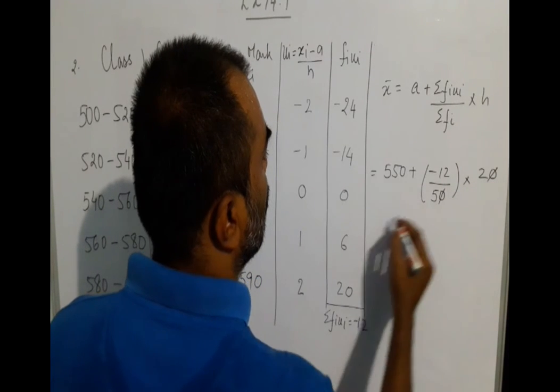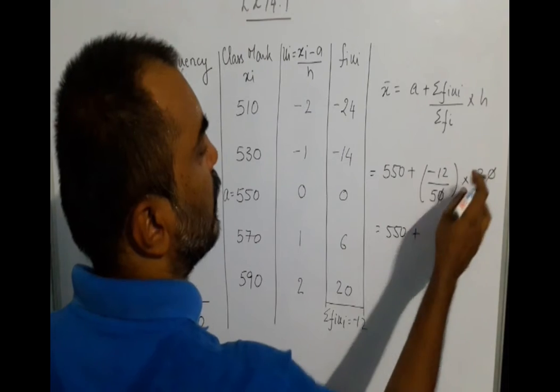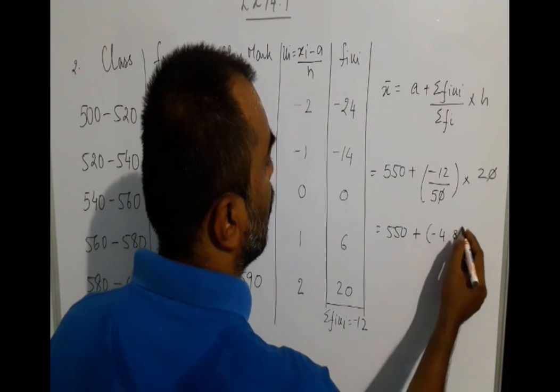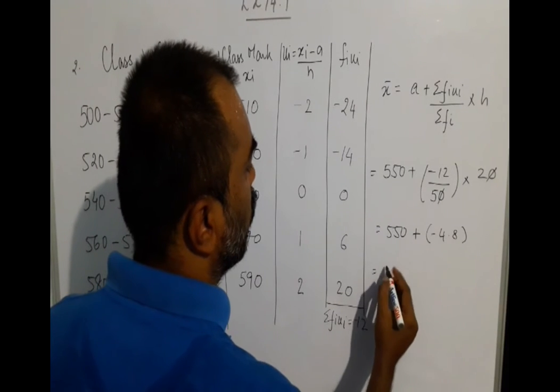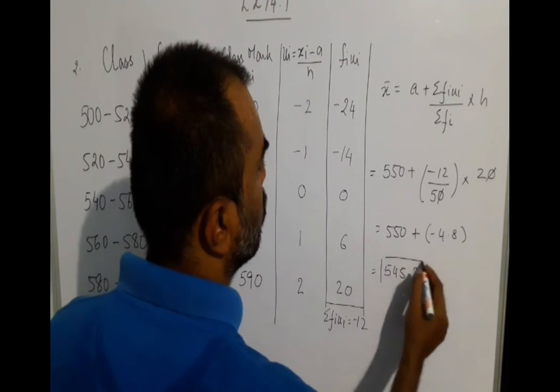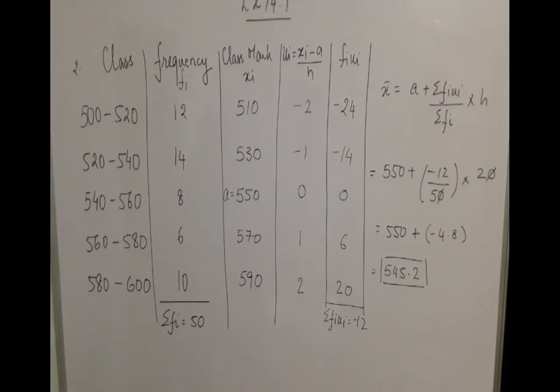So 0 and 0 cut, you get 550 plus minus 12 into 2, which is minus 24, divided by 5 is minus 4.8. So 550 minus 4.8 gives us 544.2? So we are getting the same answers by both the methods.